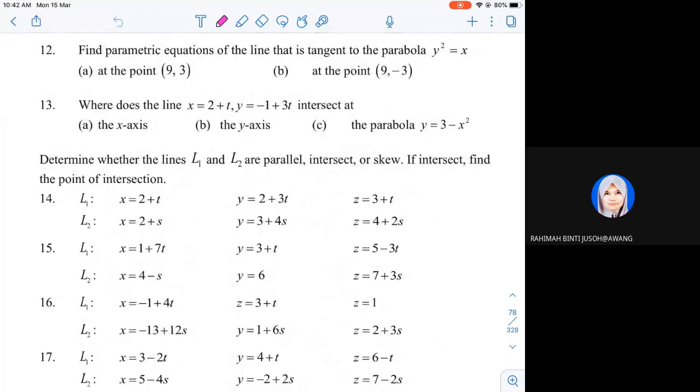Okay, what does the line x equals to 2 plus t, y equals to -1 plus 3t intersect at? Where does the line intersect? How do we answer a question like this? Question number 13 is quite interesting.